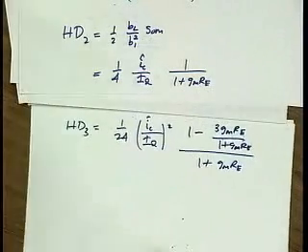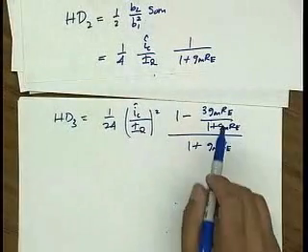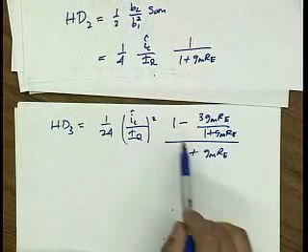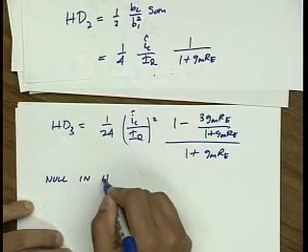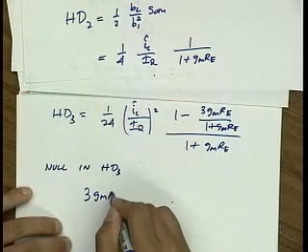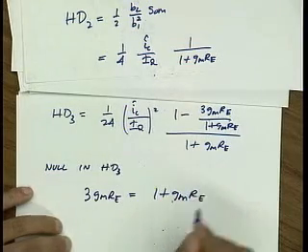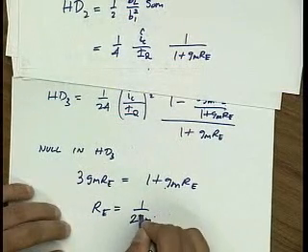Okay? So now we see that the action of the feedback could in fact produce a null if I could get a cancellation here. So let me try to solve for null. That means I want 3 GM-RE to equal 1 plus GM-RE. In other words, I want RE to be 1 over 2 GM.